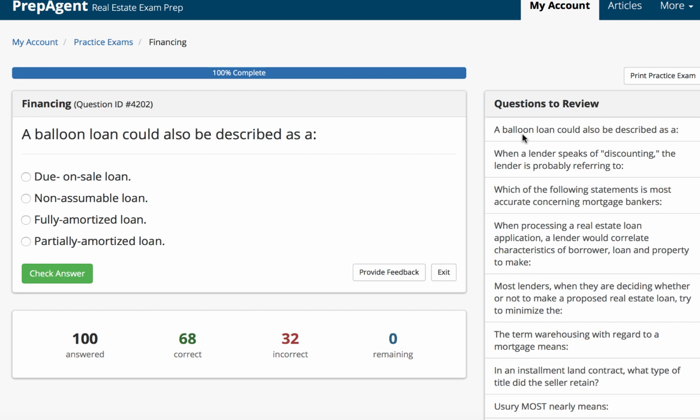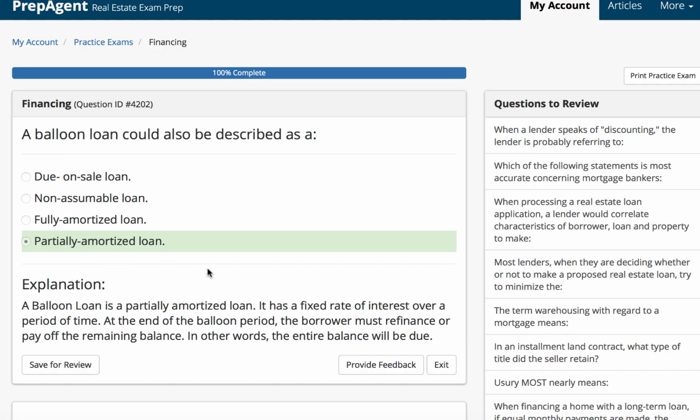So I would say due on sale or partially amortized. Maybe a partially amortized loan. Good. You don't really see a due on sale loan. It's called a due on sale clause. So it's kind of a tricky one there.